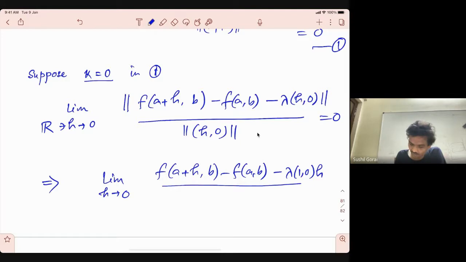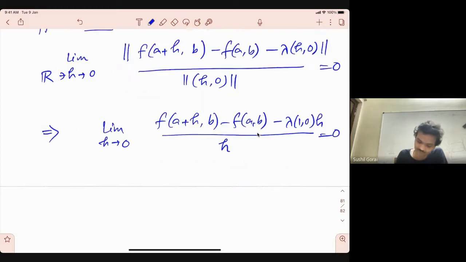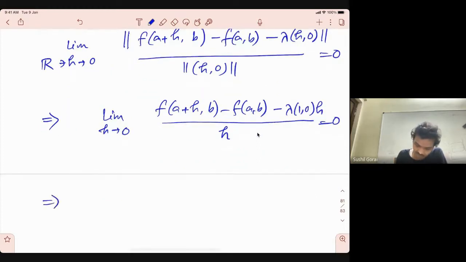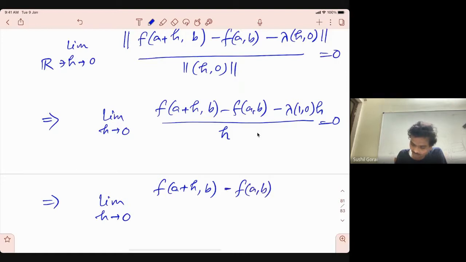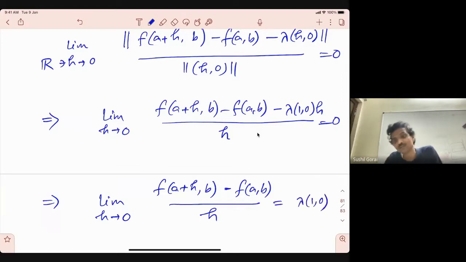So this means the limit as h tends to 0 of f of (a plus h, b) minus f of (a, b), divided by h, is lambda at (1, 0).